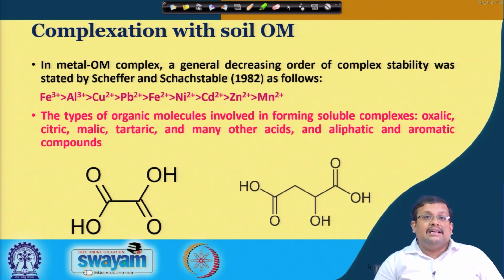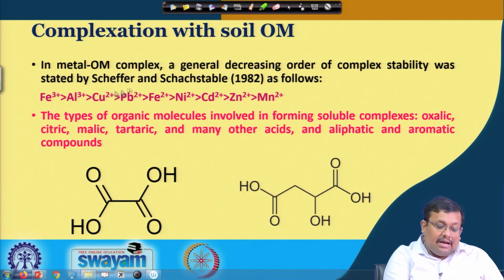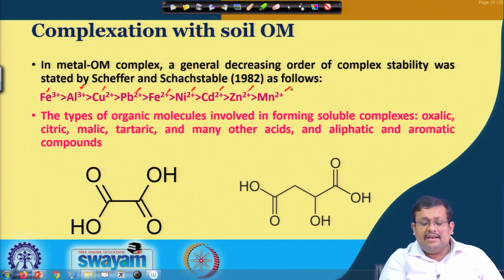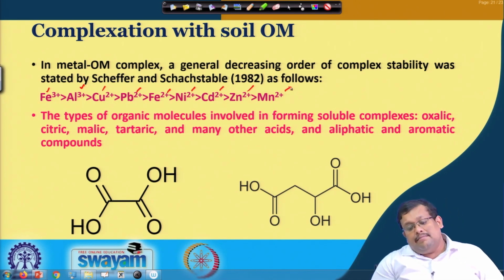The decreasing order of complex stability is: Fe3+ highest, aluminum 3+, then copper, then lead, then Fe2+ or ferrous, nickel, cadmium, zinc and manganese. So, obviously iron has the highest and manganese has the lowest.